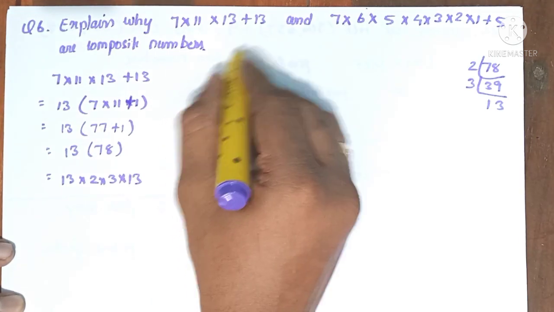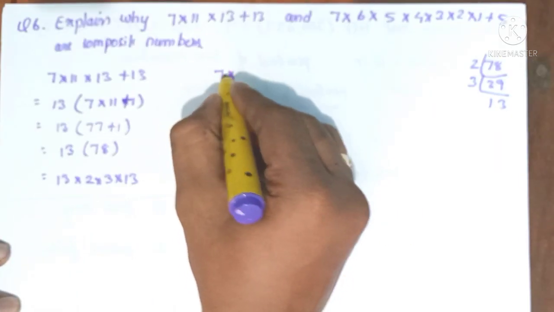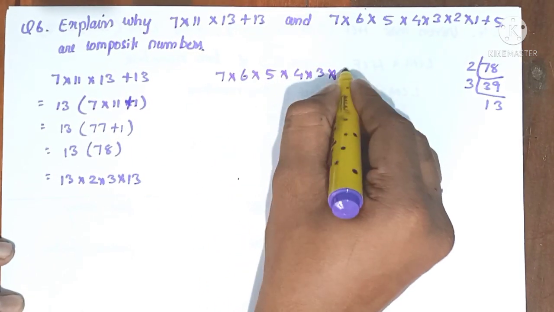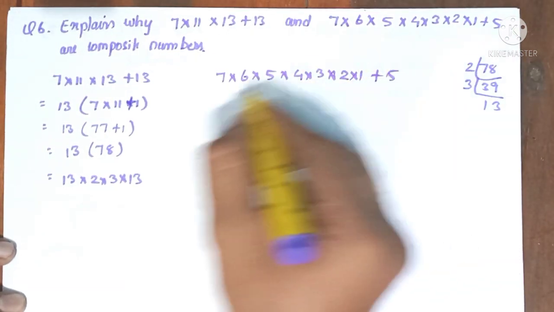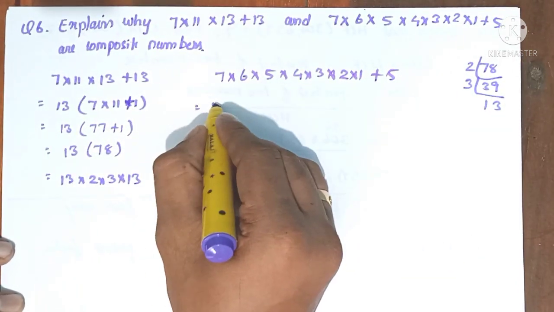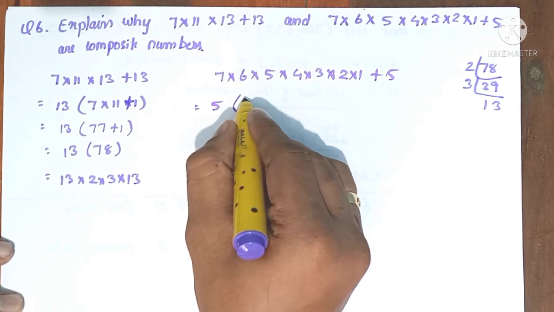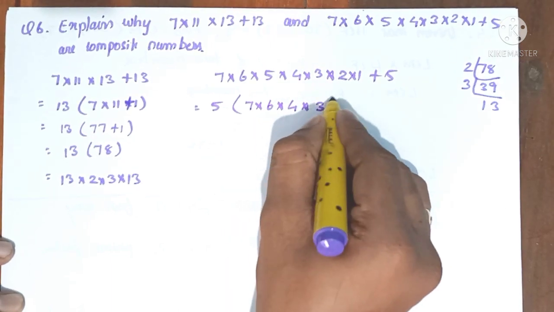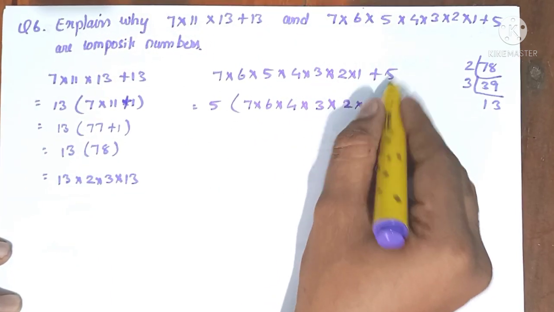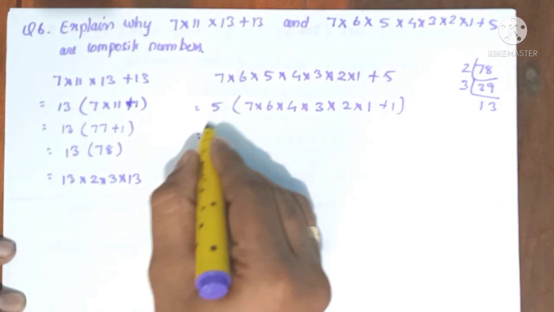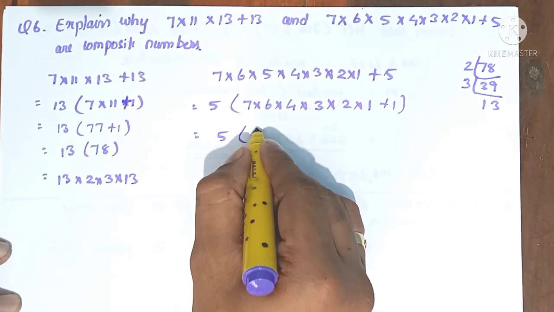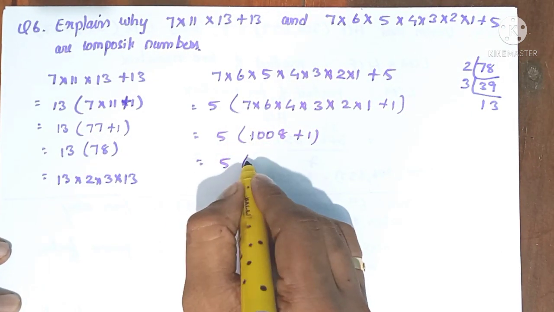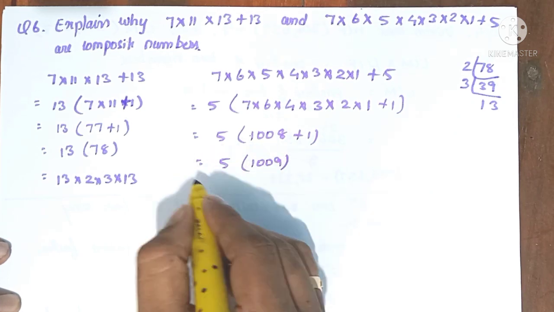Now let's take the example of another number, that is 7 into 6 into 5 into 4 into 3 into 2 into 1 plus 5. What we can do here, we can take 5 as a common factor. 5 into 7 into 6 into 4 into 3 into 2 into 1, this will be plus 1. Multiplying this we get 5 into 1008 plus 1, that is 5 into 1009.